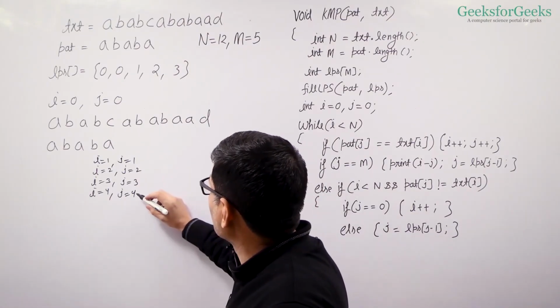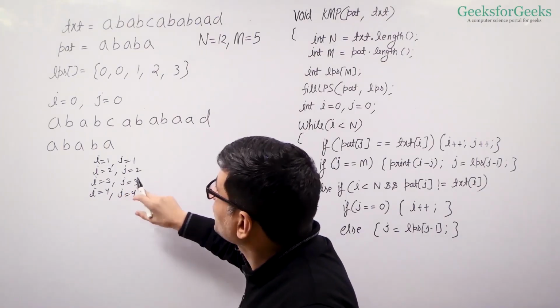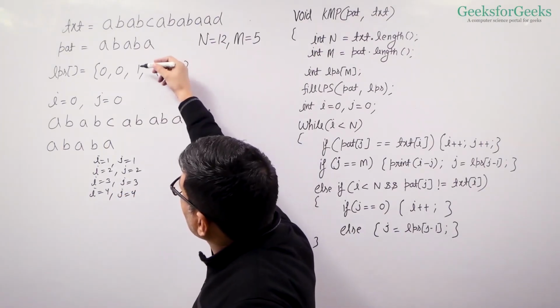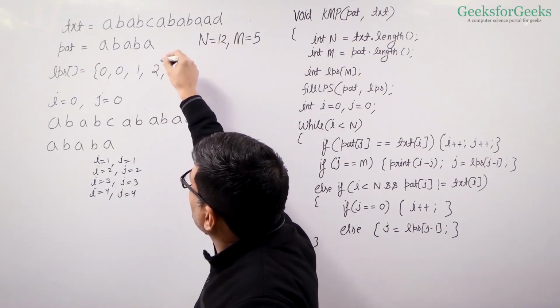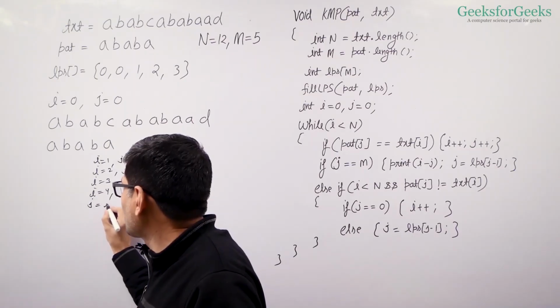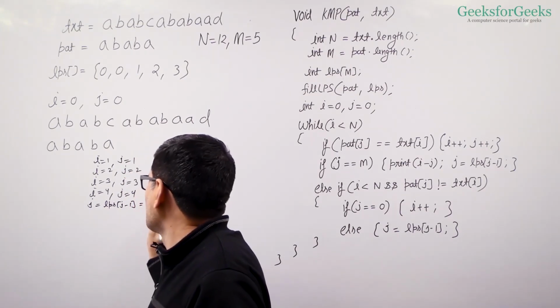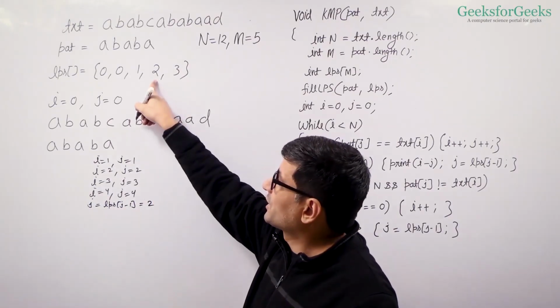And to consult, we go to the index of the last matched character. The last matched character is at j equal to 3. So at j equal to 3, we have 2 in the LPS array. So j now becomes LPS[j-1], which is 2. Right? So we have this j as 2.